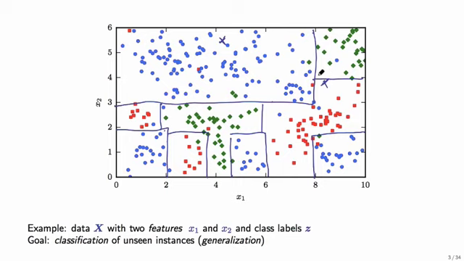Now to classify a new point, like the one right here, we figure out which region it belongs to, and then look at the majority class in that region. So for the point right here, since it's in a sea of blue, it would be classified as blue.